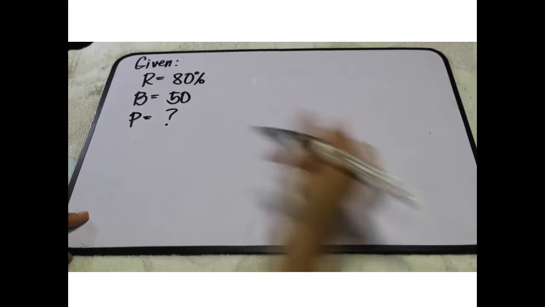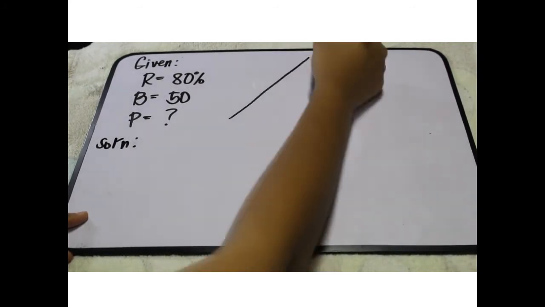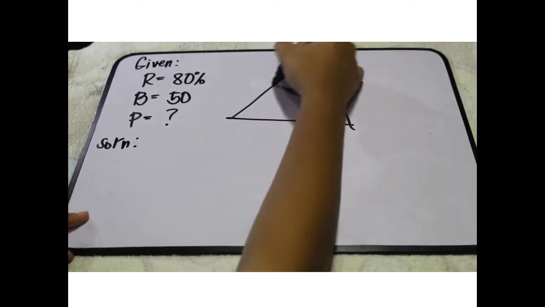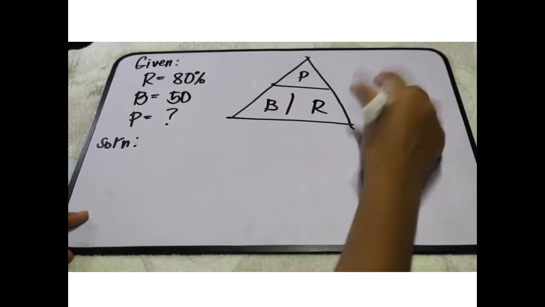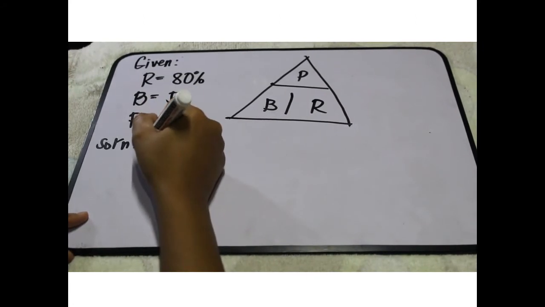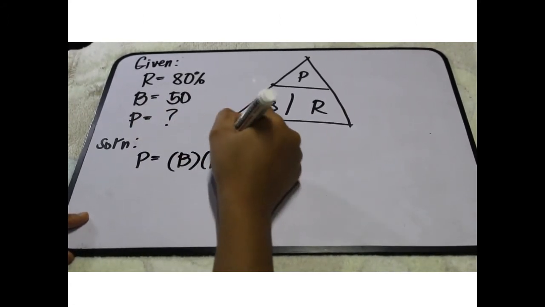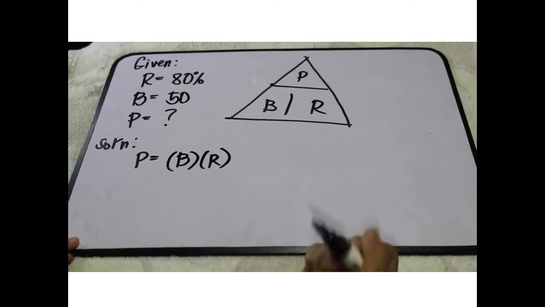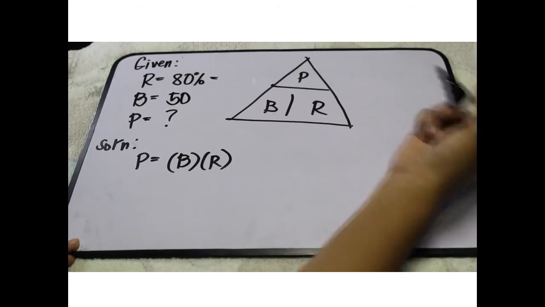To solve that one, we need to use our triangle formula. So, P on the top, and then B and R on the lower. We are asking for P, therefore, our formula will be P is equal to base times rate. Since our rate is in a percent form, we need to change it into decimal.